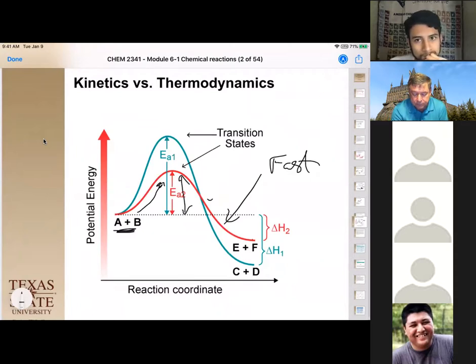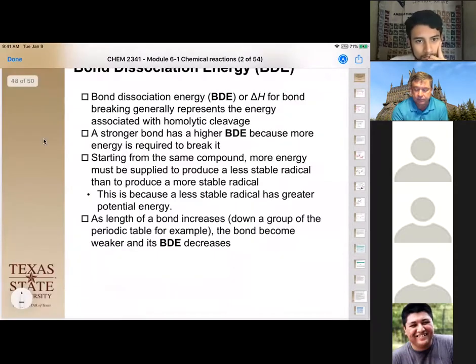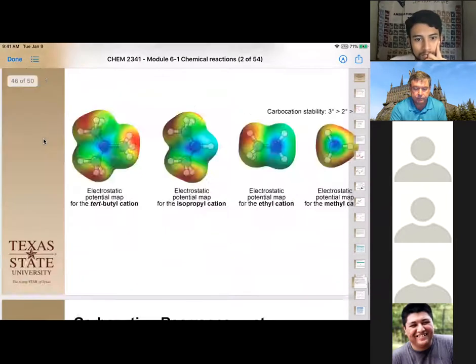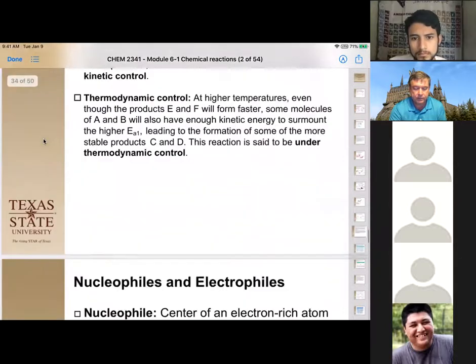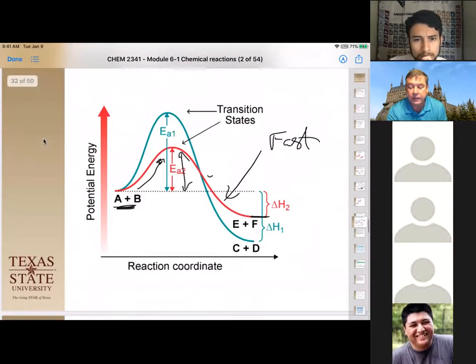But look at the products, okay? The products gave off very little heat, okay? There's a very small difference between the products and the reactants, okay?